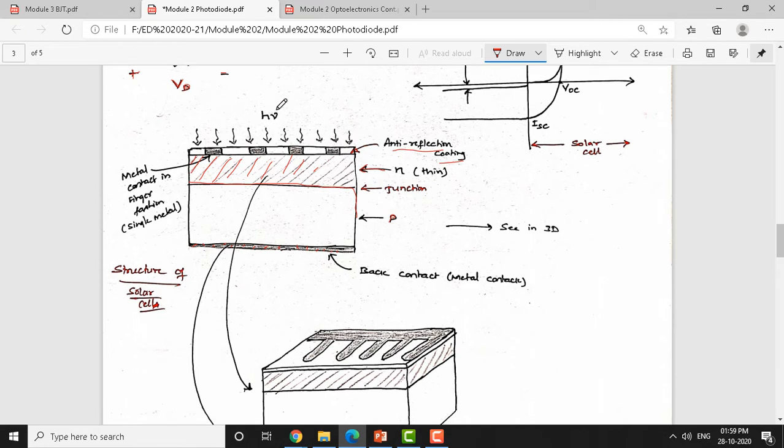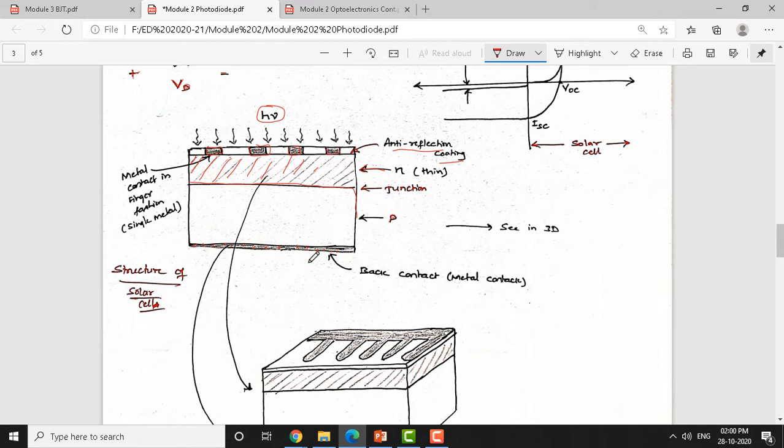Here the photon energy is considered as h times nu. This is the photon energy that's falling on the solar cell surface. The dark shaded portions you see here are the metal contacts. They look like fingers.